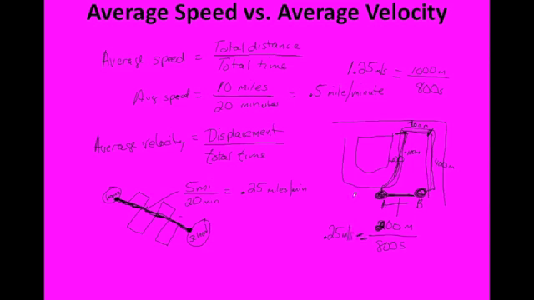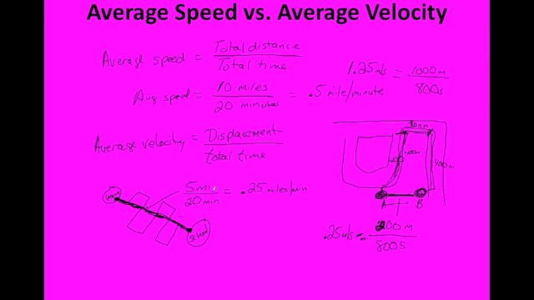So you'll see, once again, it's significantly different. You went from 1.25 meters per second to 0.25 meters per second when you compare average speed and average velocity. In order to calculate average velocity, it's displacement over time, and in order to calculate average speed, it's total distance over total time.